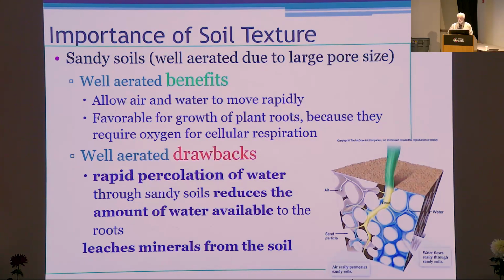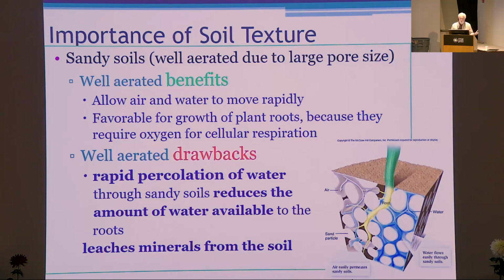If you have sandy soils, you probably realize you have to water a lot more frequently. And also, because sand has a very low ability to hang on to nutrients, and there's a lot of water flow through the soil, it tends to leach all of those minerals out.